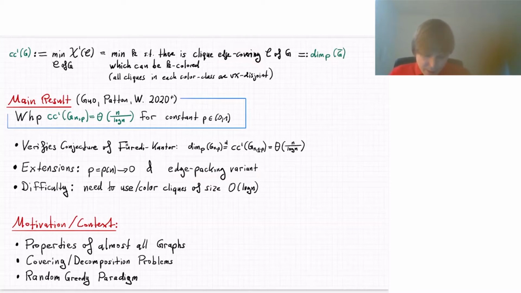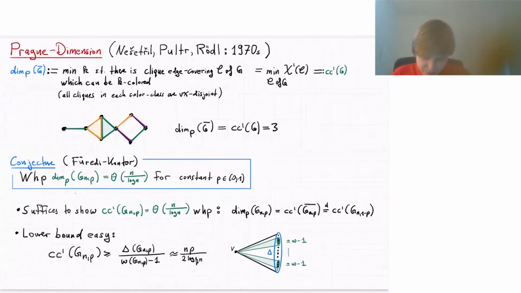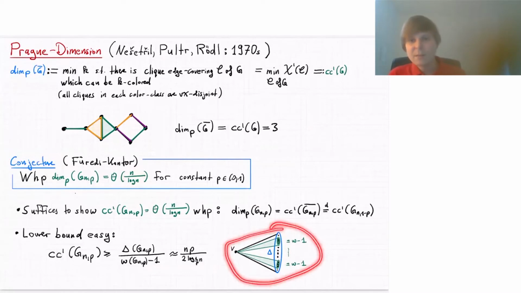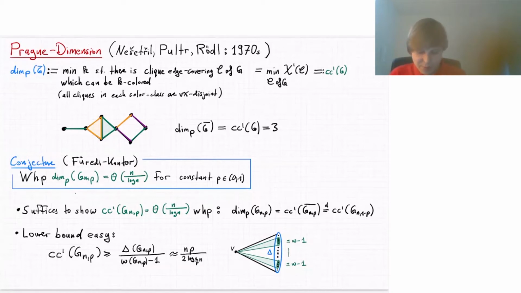Let me make one more remark here. One thing that we see from this lower bound argument, in order to get to the fact that this bound is n over log n, is that if you look at this lower bound construction, it basically tells you that you need to use in your clique covering lots and lots of large cliques, lots of cliques of size something like log n. Otherwise, you cannot prove a bound of size n over log n.